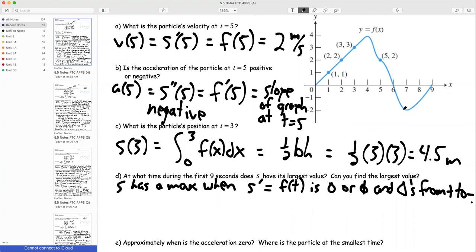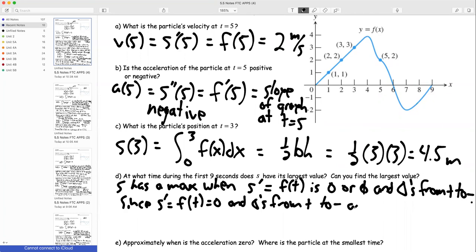Okay, so I said since s prime, which is equal to f of t, equals 0 and changes from positive to negative at t equals 6, there is a local max. But I've also got to consider the endpoints because I could have a max at the endpoints.